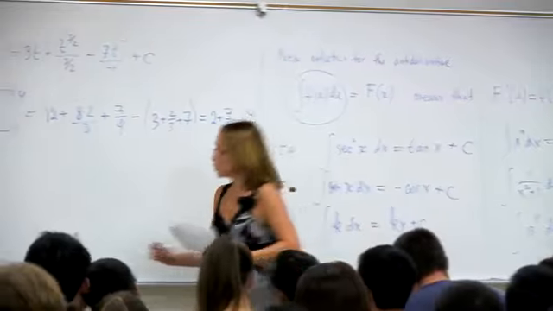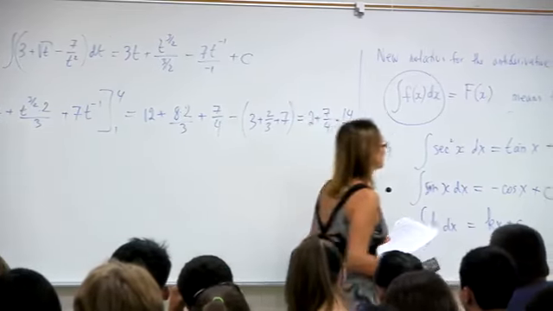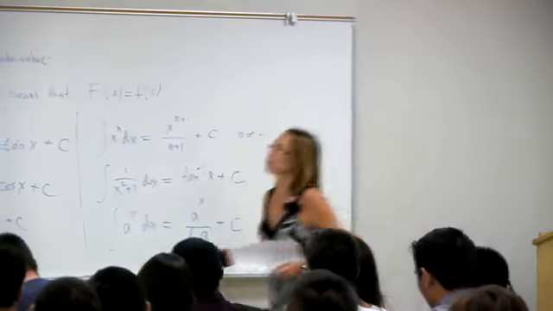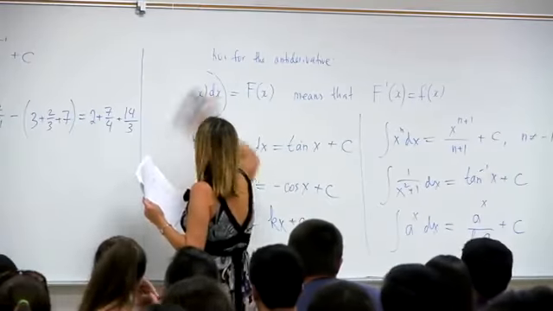Now we are going to talk about the second part of the fundamental theorem of calculus in a very different light. We're going to have a real-life application of it, which is called the net change theorem.